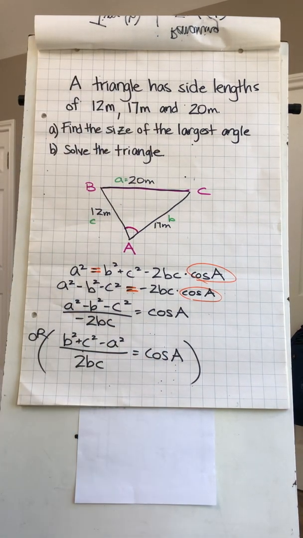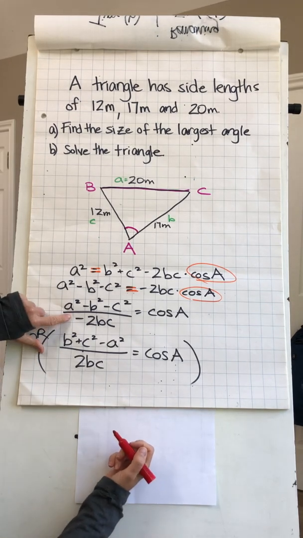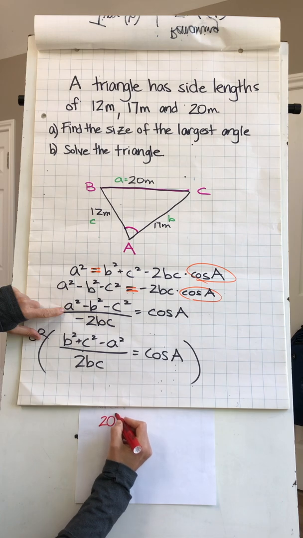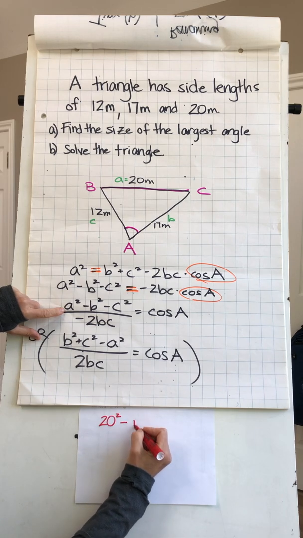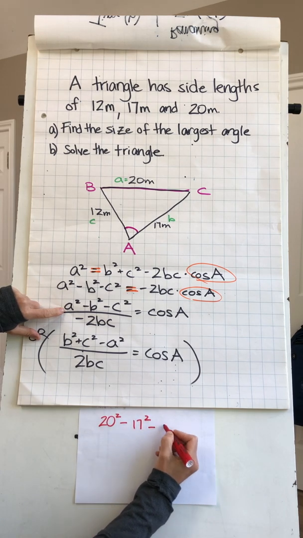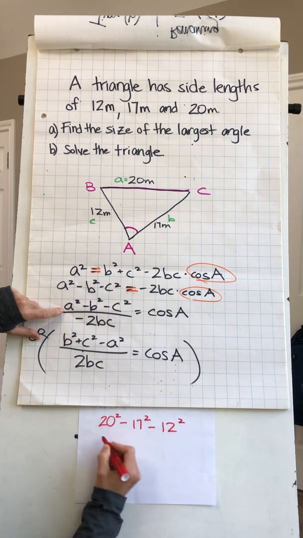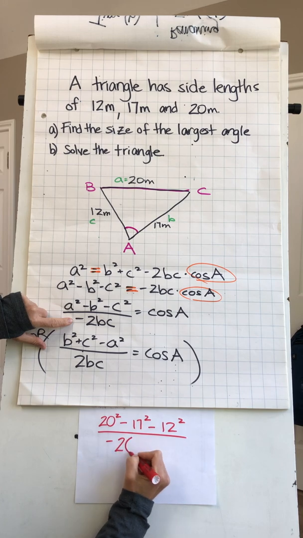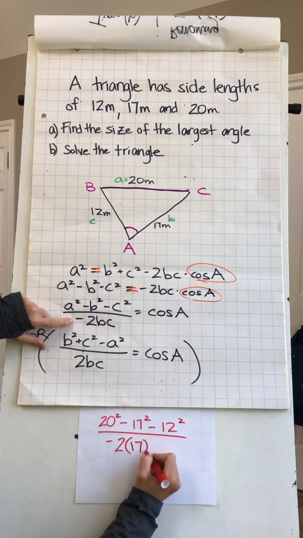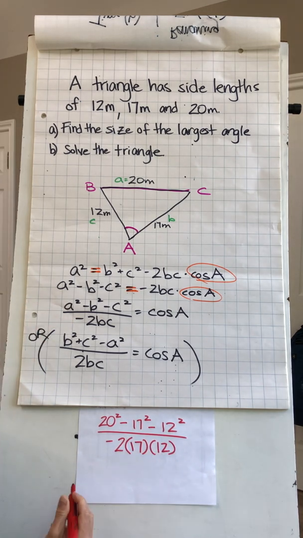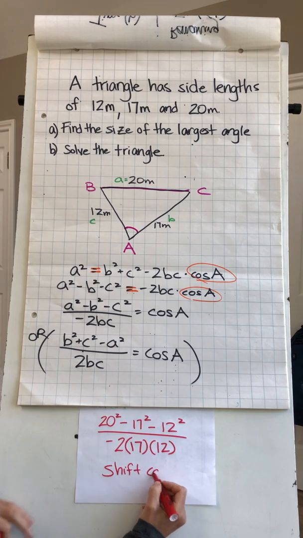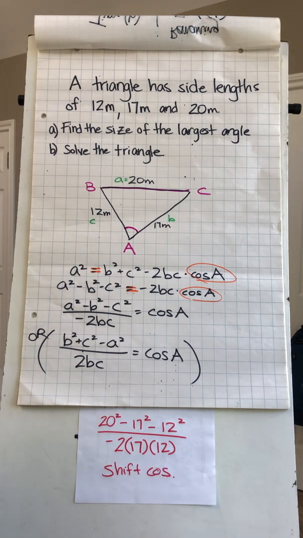Okay, so if I was going to do this then, let's say I used this formula, it would be 20 squared minus 17 squared minus 12 squared, all divided by negative 2 times b times c. You put that all in your calculator, and then you would hit shift cos to get the actual angle.